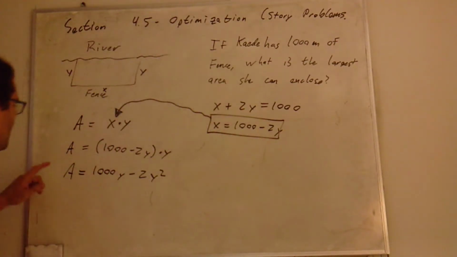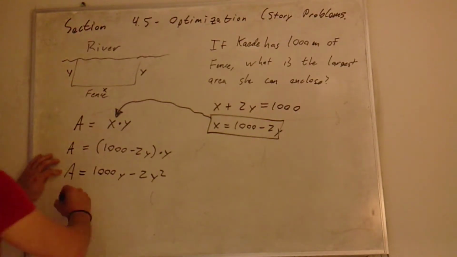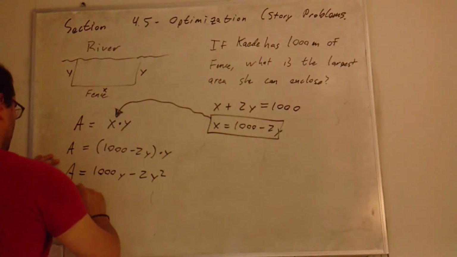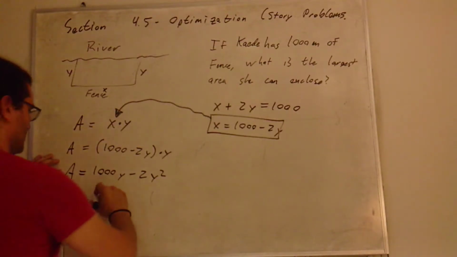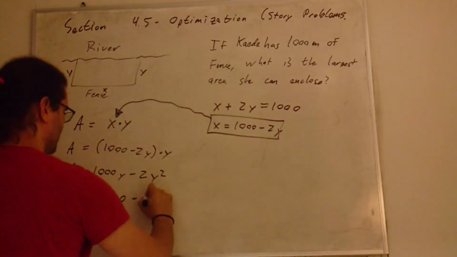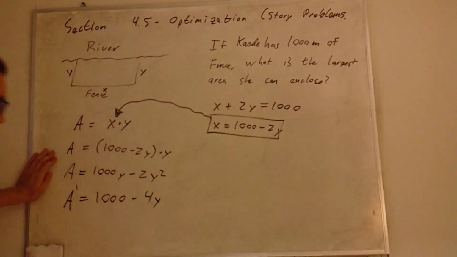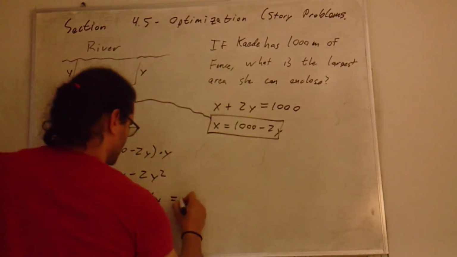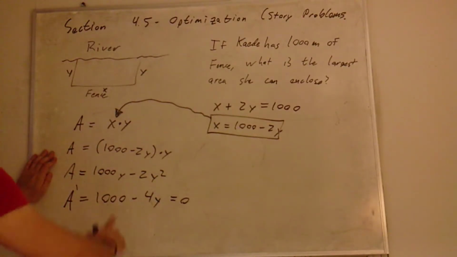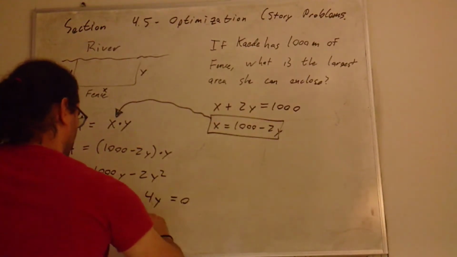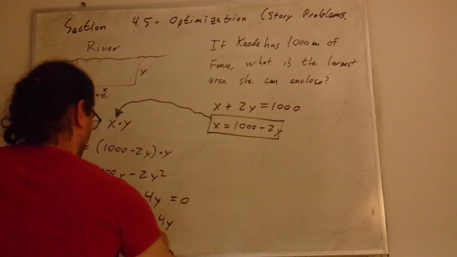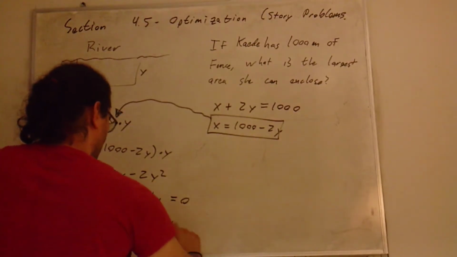So we need a derivative. The derivative of area is 1,000 minus 4y. And then when you set that equal to 0, you get 1,000 equals 4y, and y equals 250.